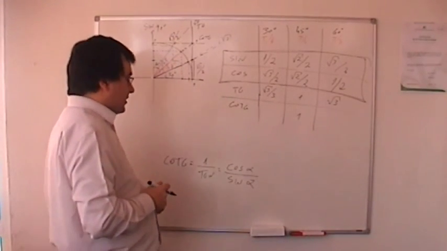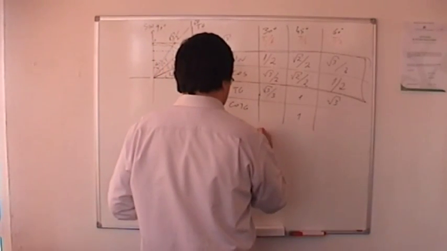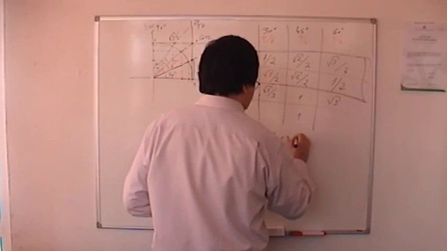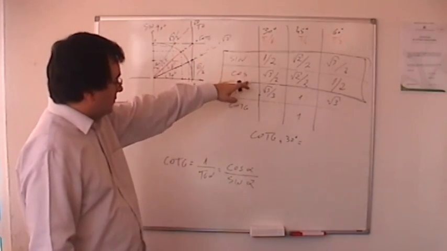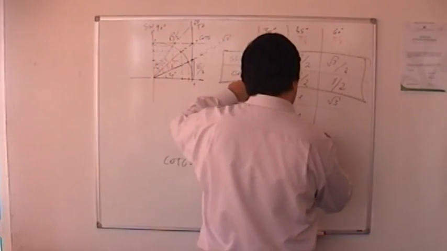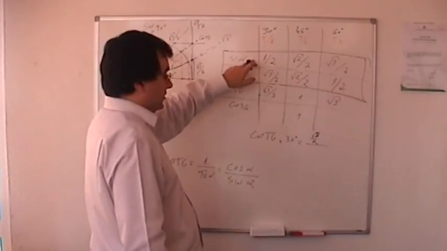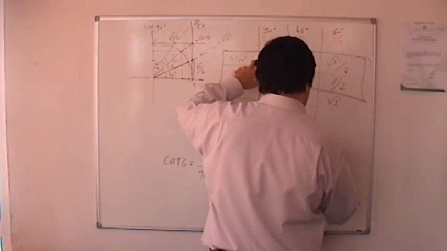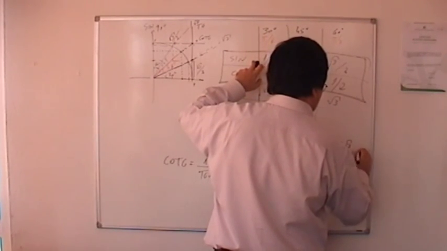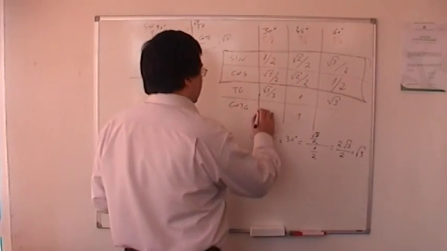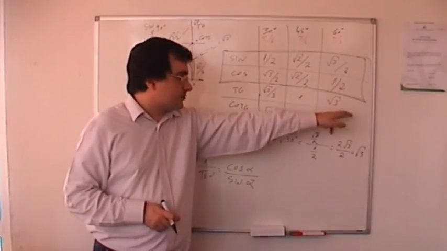In fact, using cosine and sine as well, you will have that cotangent of 30 degrees should be cosine of 30 degrees, square root of 3 over 2, divided by sine, which is 1/2. And again we will have 2 square root of 3 over 2, which is square root of 3. So cotangent of 30 degrees is square root of 3. Same value as the tangent of 60.